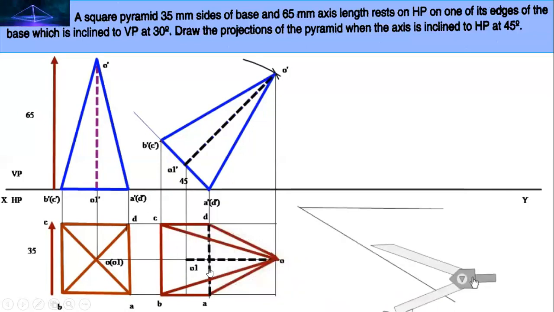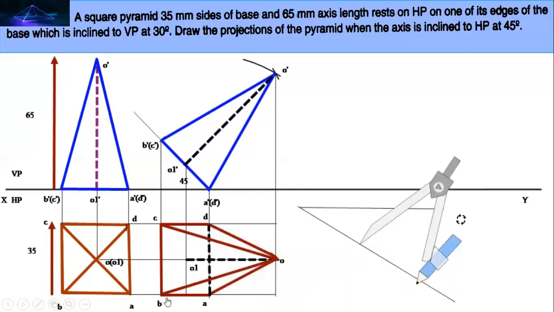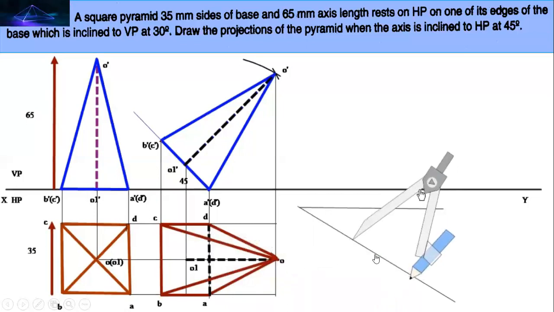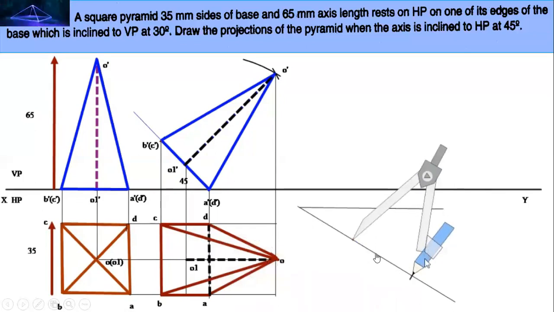Then measure A to D, because it says the edge which is resting on HP should be inclined to VP at 30 degrees. So measure A to D from the second position and mark anywhere on the 30 degree inclination line. So the points are D and A.